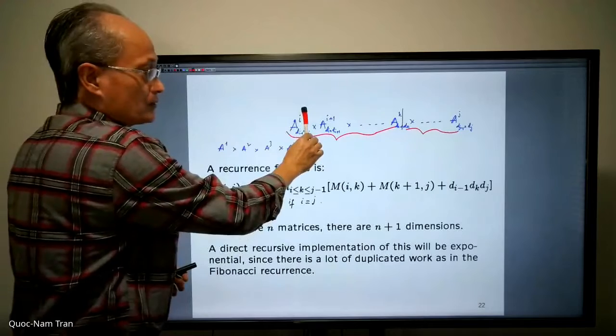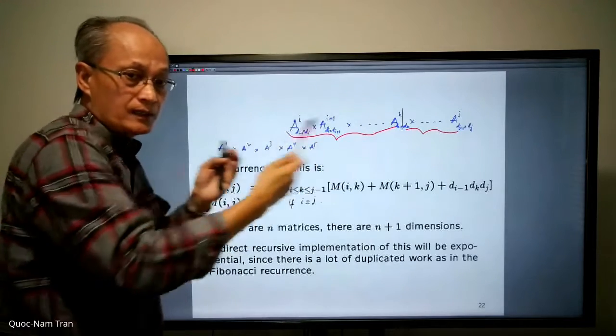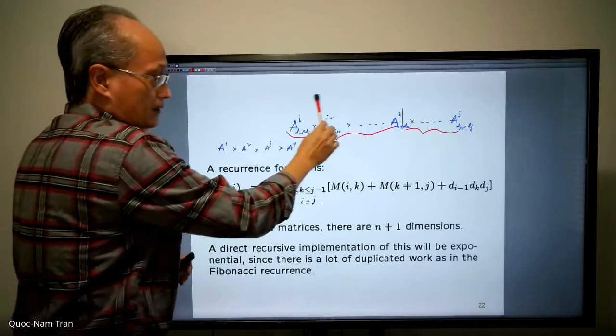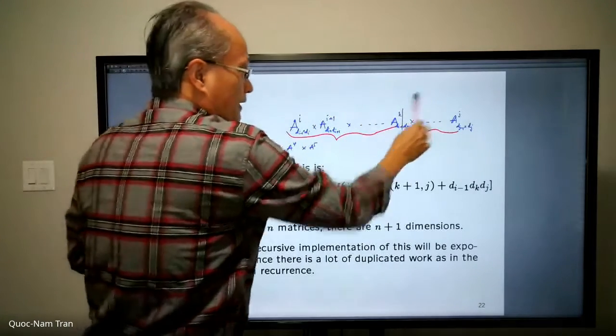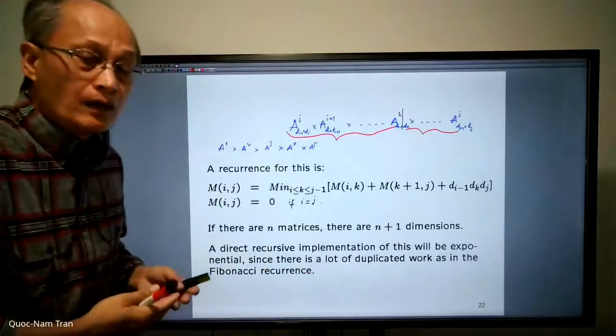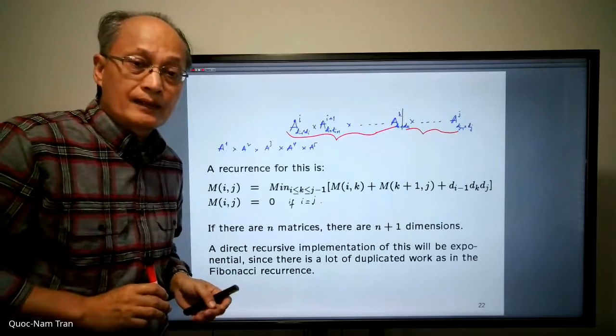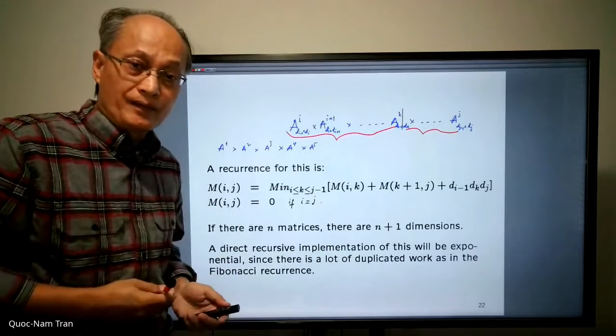So we know that if we have a sequence of matrices, we have many different ways to partition the list into two smaller sequences, right? We can cut it here, cut it here, cut it here, right? And then we just find out where we cut, whether or not it has the smallest value, right?